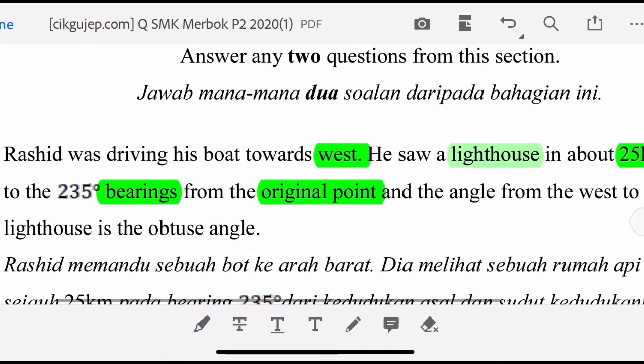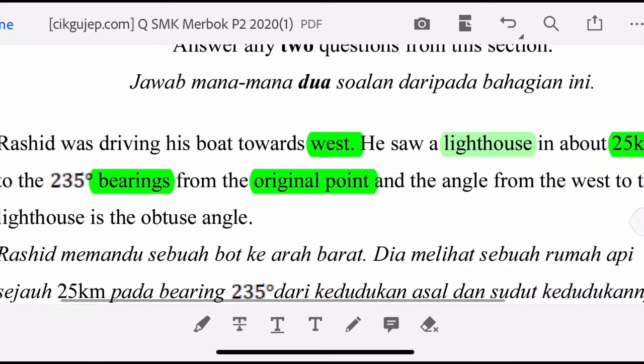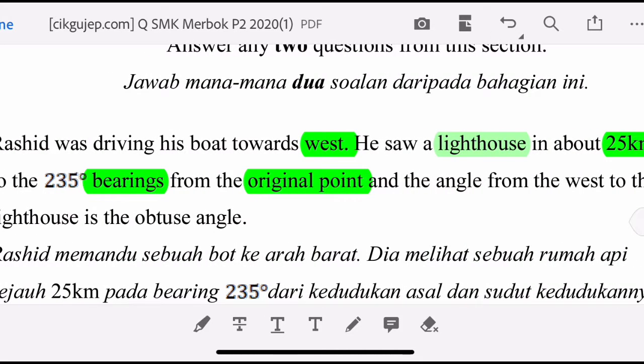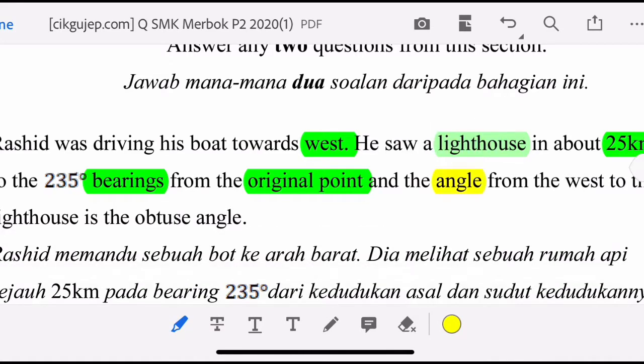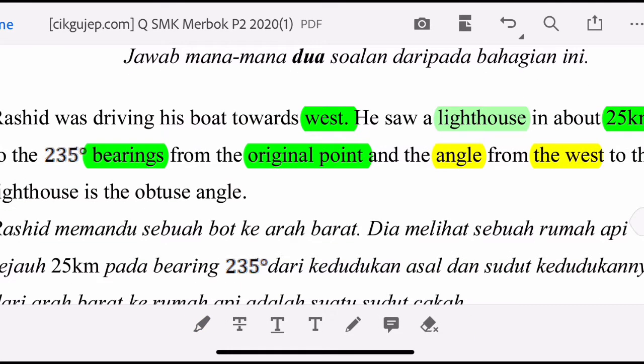This is very important, and most important is this one, the angle. You must really understand the meaning. West is the position of Rashid, right? Rashid's boat reached west. Then from that place west to the lighthouse, the angle must be obtuse.